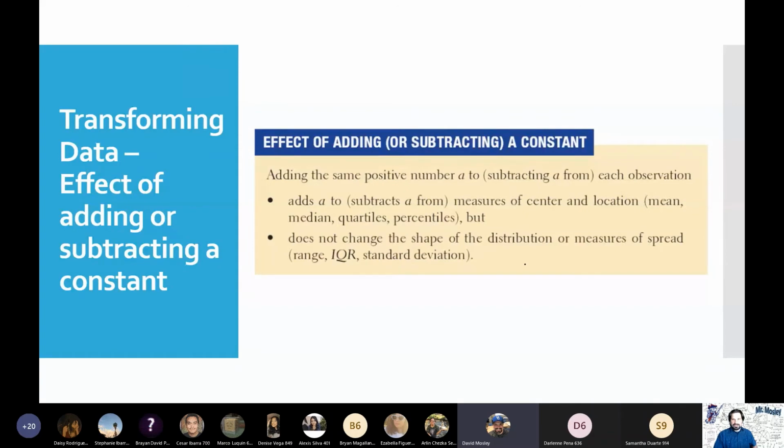Those will remain the same. So adding or subtracting will not change the value of the range, IQR, standard deviation, or shape. It will change measures of center and location of values. The location of the median and the quartiles will change.